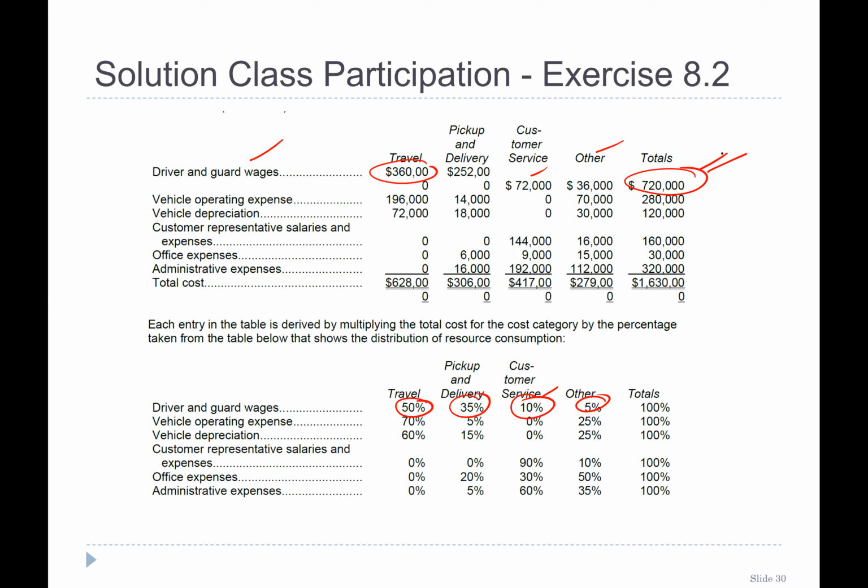So if you add them, it would be 720,000, right? So you know how we implement the first stage allocation. If your answer is not right, please see the solution here and try to fix your mistake.